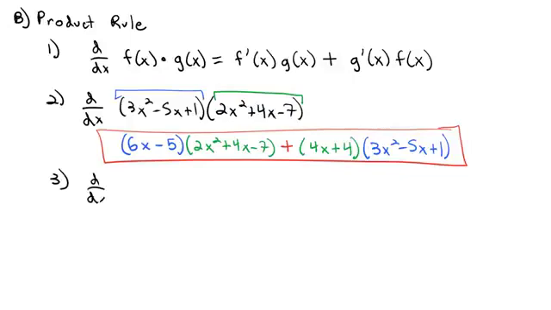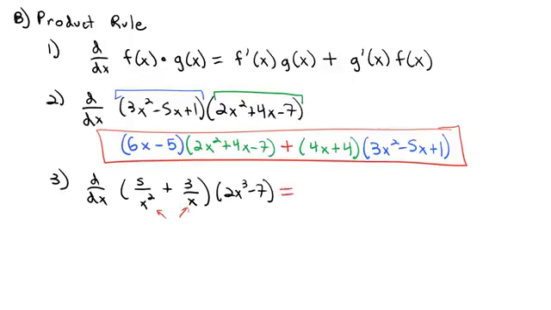Let's look at one more. Let's do the derivative of 5 over x squared plus 3 over x times 2x cubed minus 7. Whoa, we don't really have a derivative trick for x's being in the denominator. Actually, we do.